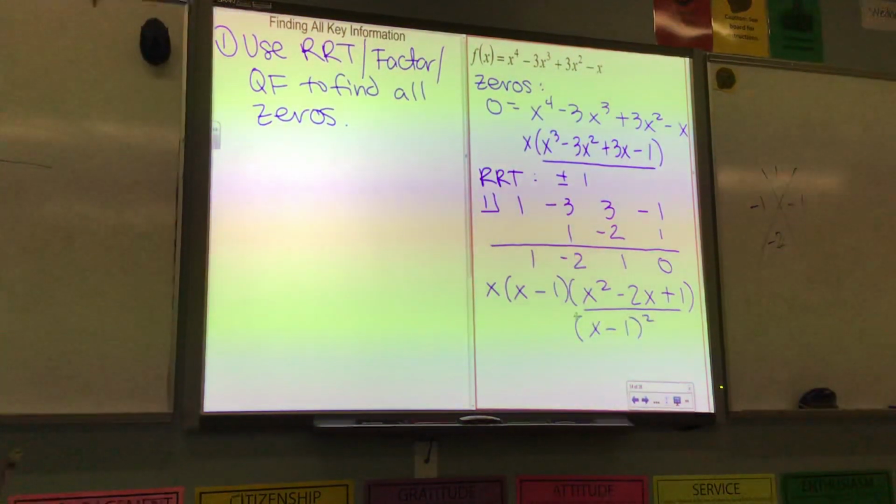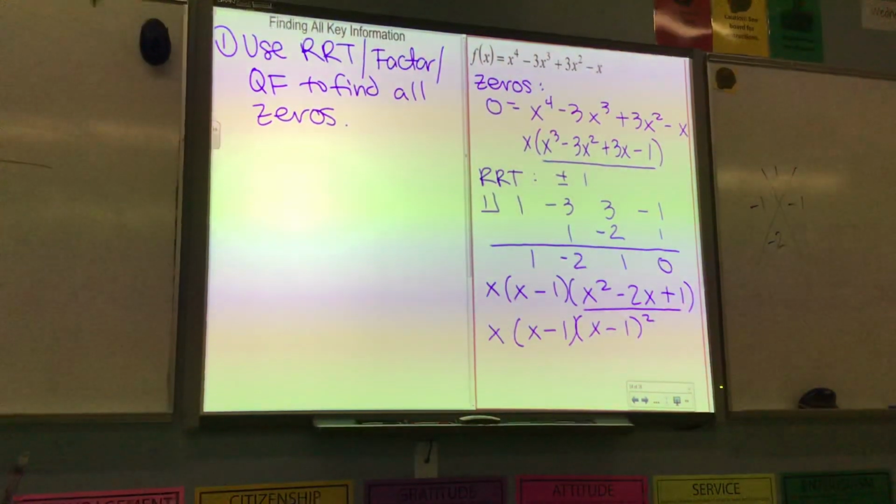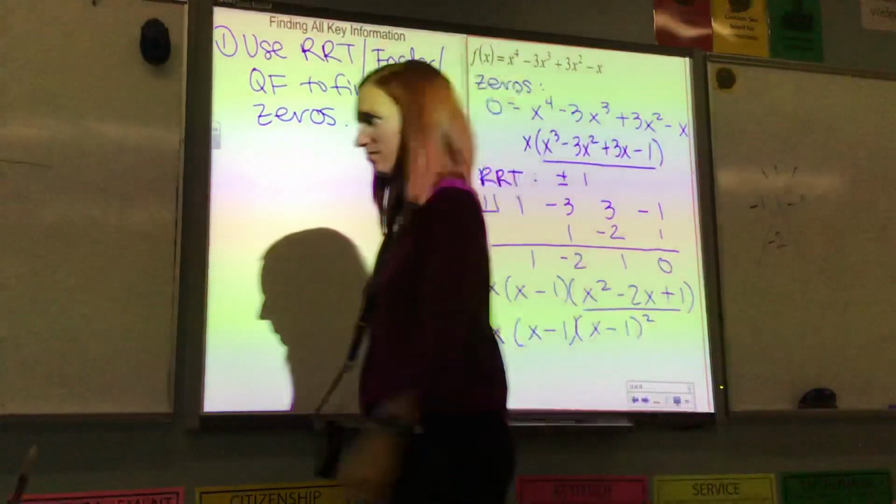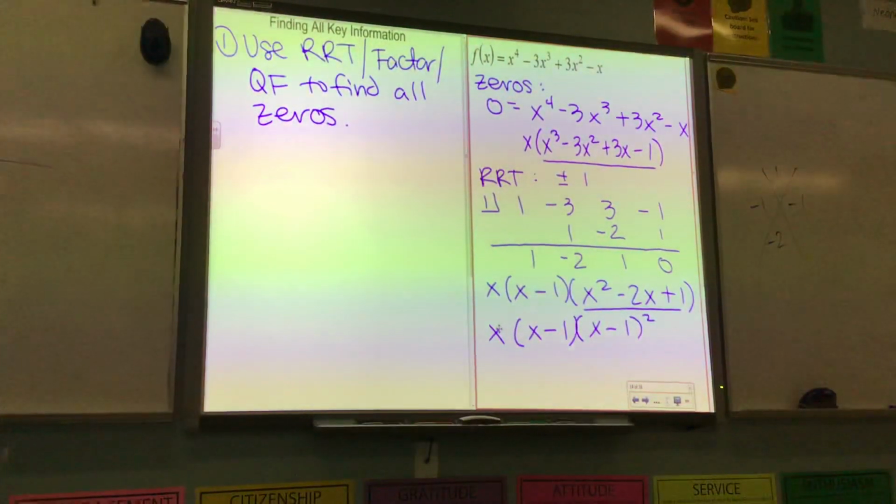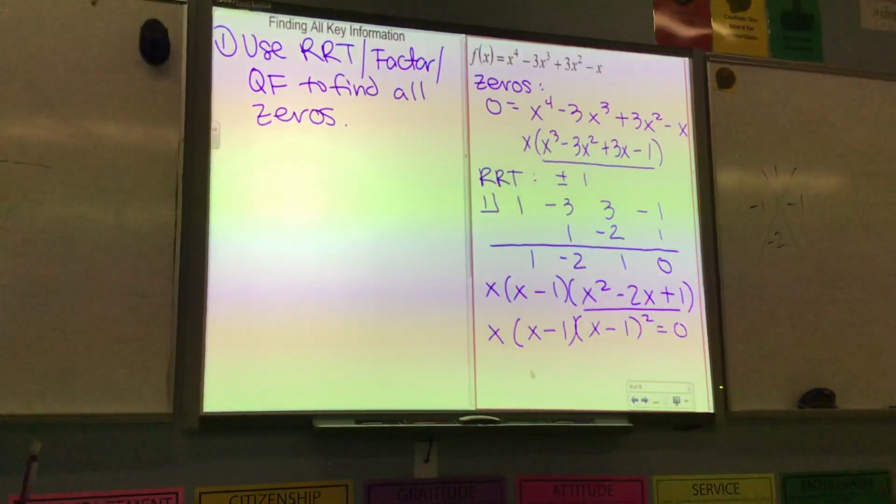You'll have 2 x minus 1's there. Now you have 3, correct? Setting each of these equal to 0 to get your actual 0 values, what will x equal? 0, and then 1 with a multiplicity of 3.